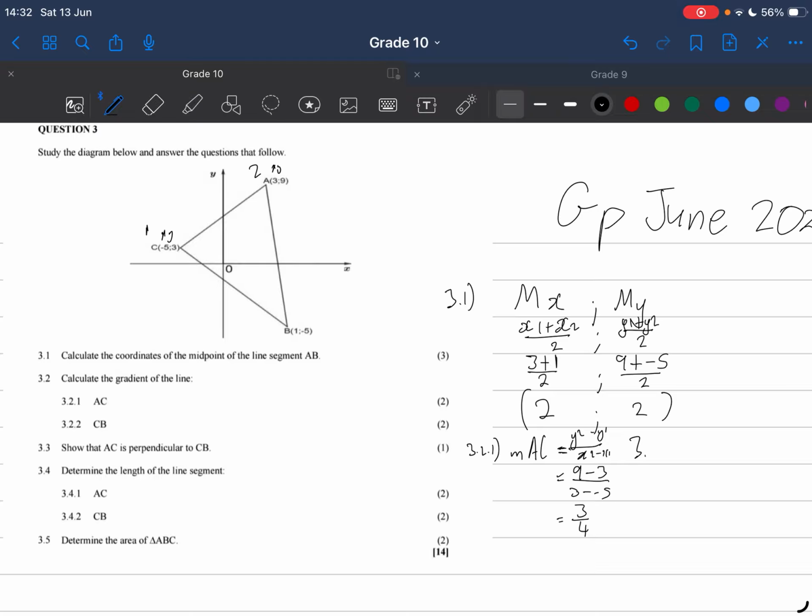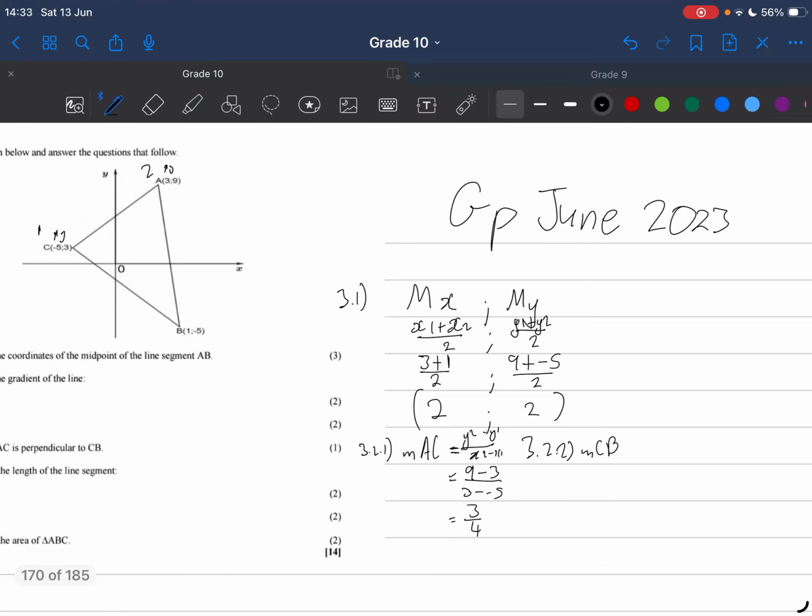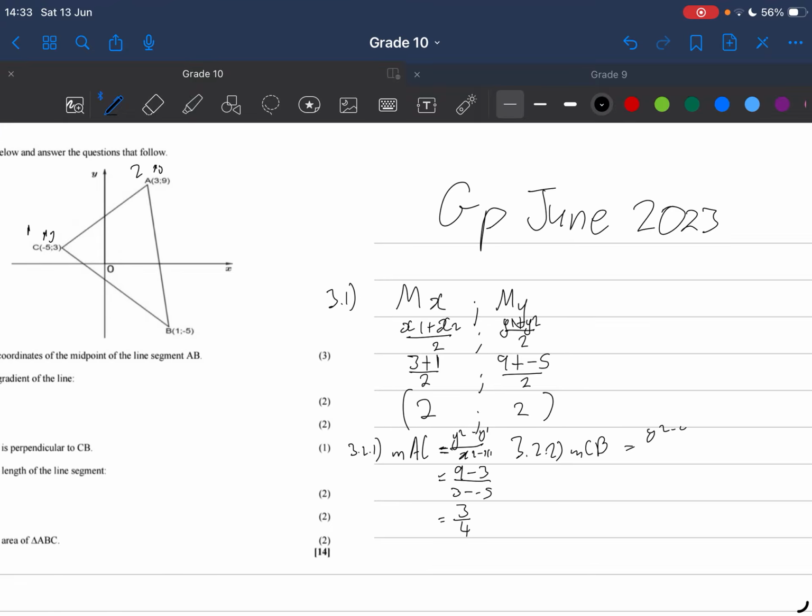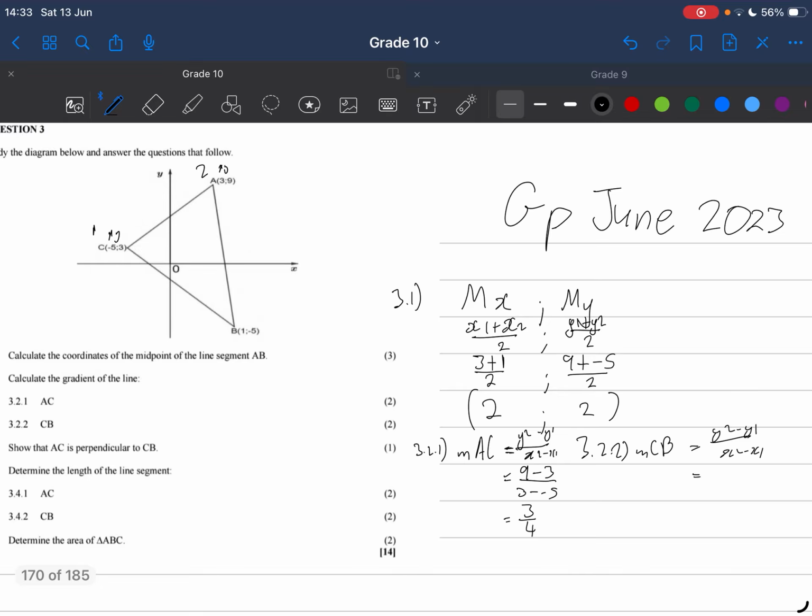Then we can also do 3.2.2, which is the gradient of CB. That's equal to y2 minus y1 over x2 minus x1. Now when you're looking at CB, this is my x, and this is y. So my y2 coordinate is going to be -5 minus my y1 of 3, over 1 minus 5.